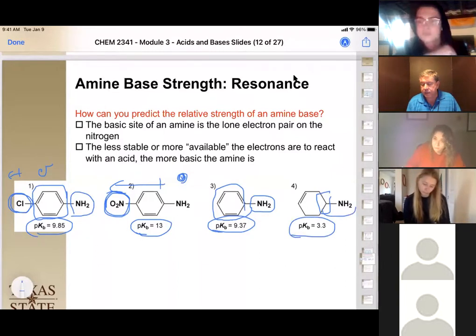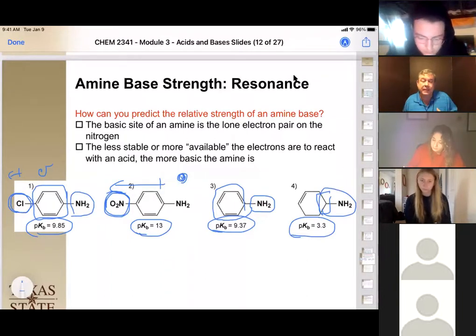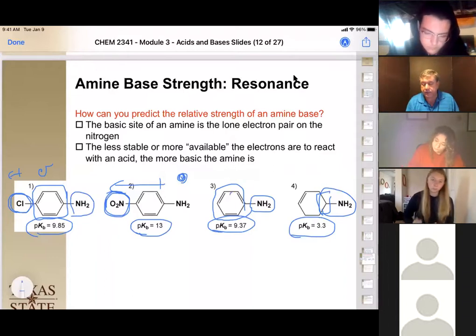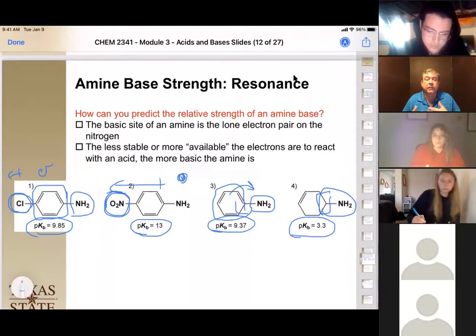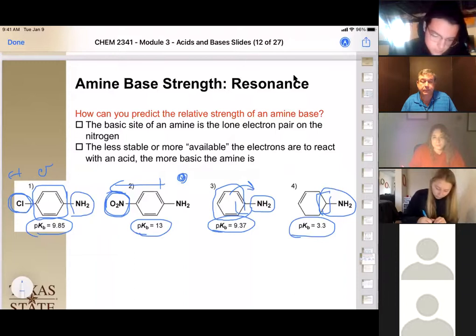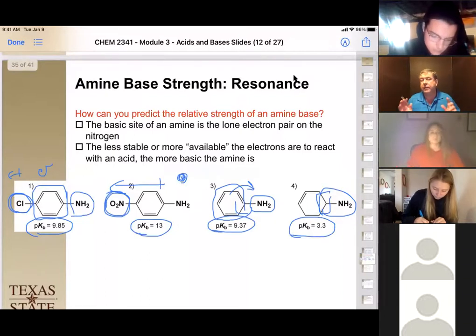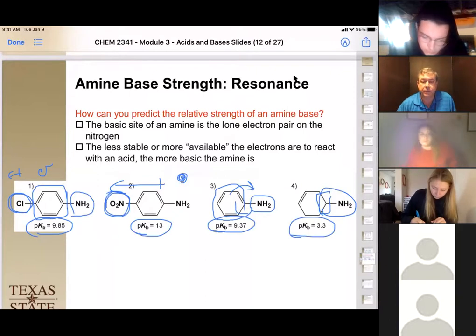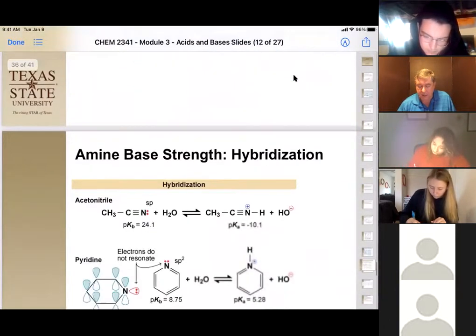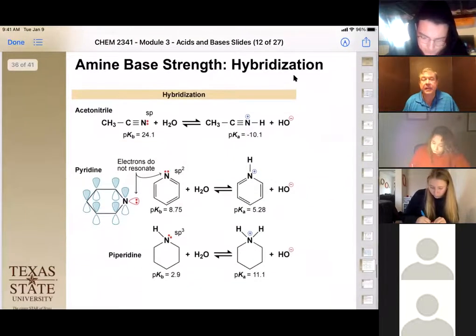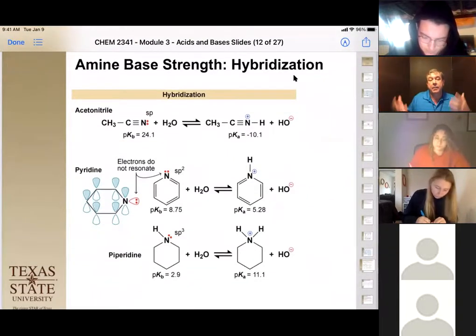Aliphatic amines are always more basic than aromatic amines because of those available electrons that inductively affect the nitrogen. So we kind of have to think of it backwards like that, but it's all about the conjugate base and conjugate acid stability.